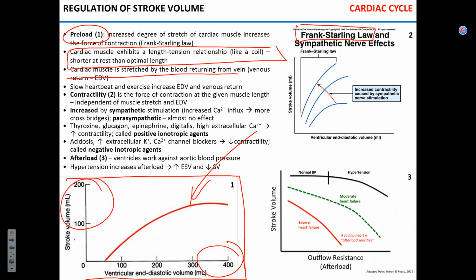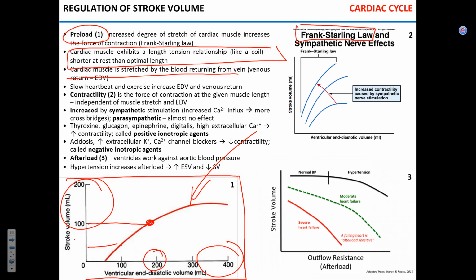Does that make sense? So, end diastolic volume increases twice. Stroke volume increases even more than twice, like 2.3 times. Because if you think about it, it can be kind of a problem. You take more blood in, you got to have the power to eject it. Does that make sense to you?